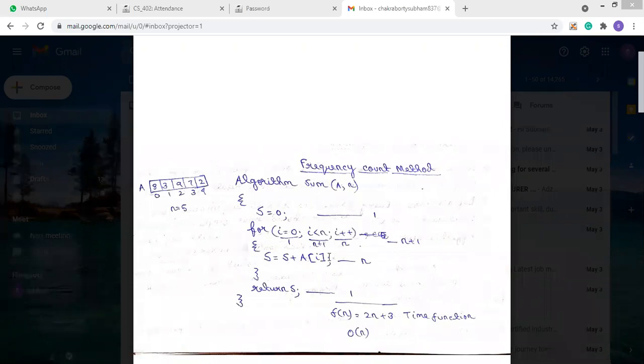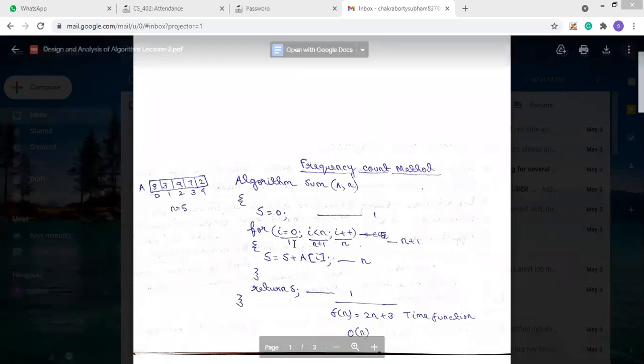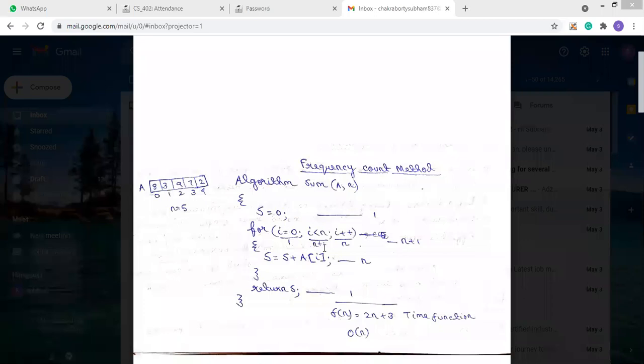Then i will be incremented and the value will be 1. 1 less than 5, so the loop will be executed again. Then i is incremented to 2. 2 less than 5, so the statements will be executed. Then again 3 less than 5, 4 less than 5, and 5 less than or equal to 5 is false. Whenever the condition fails, the loop will stop execution.